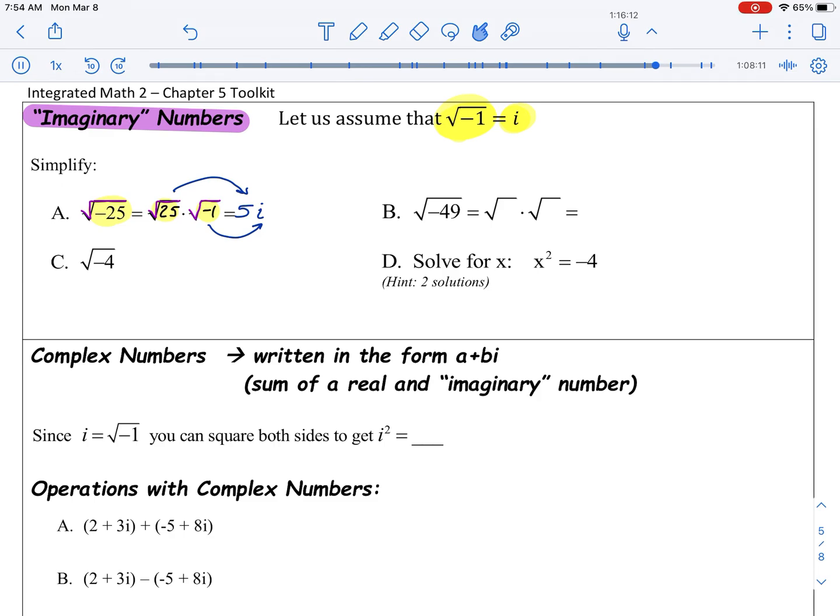Now for part B, I want to know, what is the square root of -49? Well, that can be rewritten as the square root of 49 times the square root of -1. You know that the square root of 49 is 7, and the square root of -1 equals i.